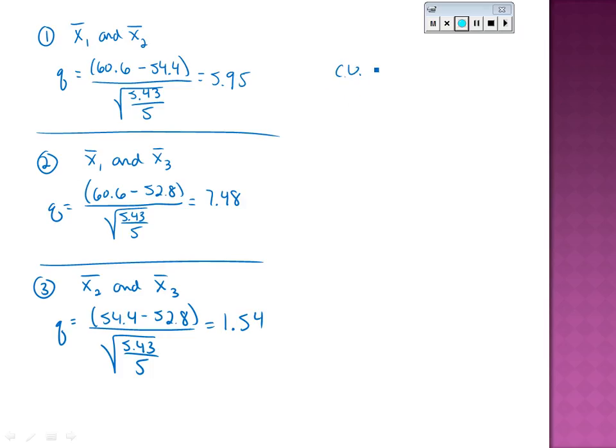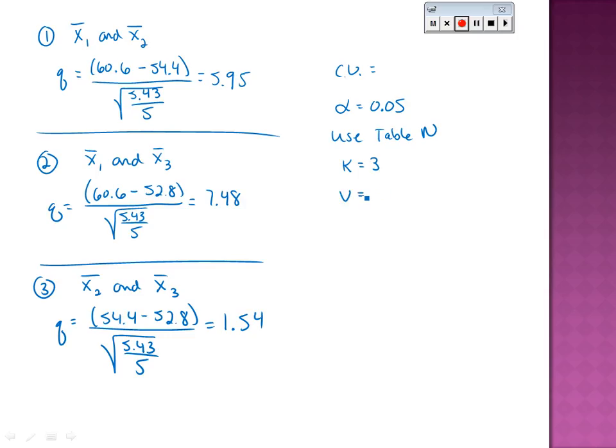Now we have to find our critical value. To find our critical value, let's do just a few reminders. Alpha was at 0.05, that was at the beginning of the question. We're going to use table N. Our K value is 3. We had 3 groups, that's what K represents, how many groups. 3 cities, so 3 groups.